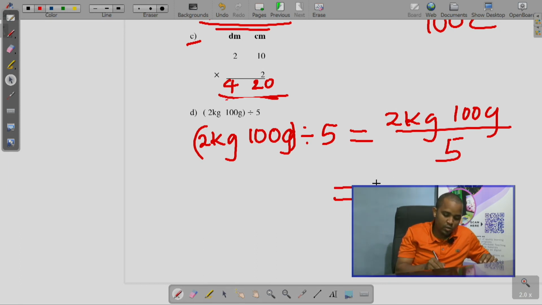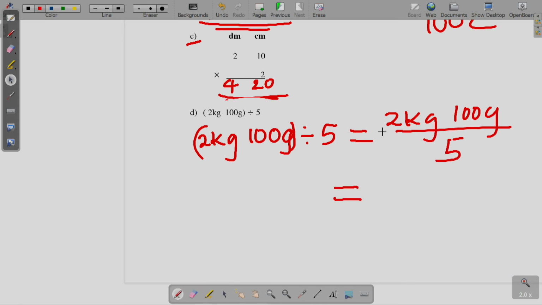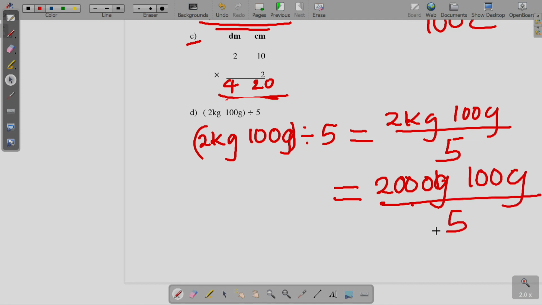But 2 kilogram, let's convert it into gram. So if you convert it into gram, we'll get 2000 gram and 100 gram, but divided by 5.